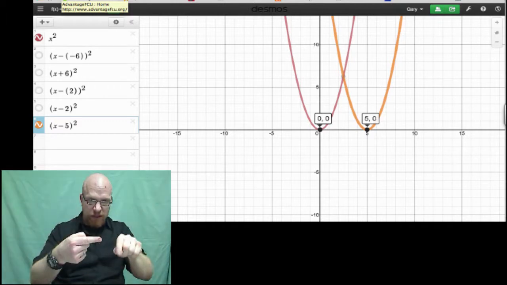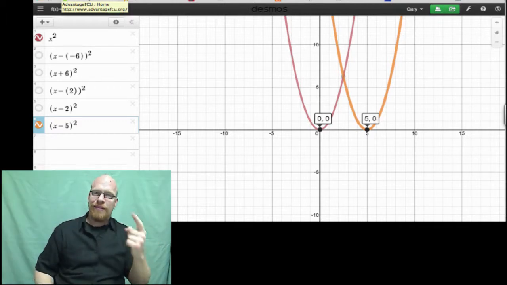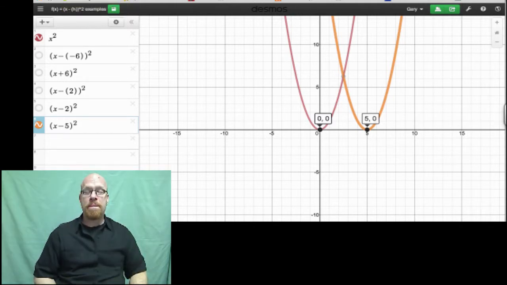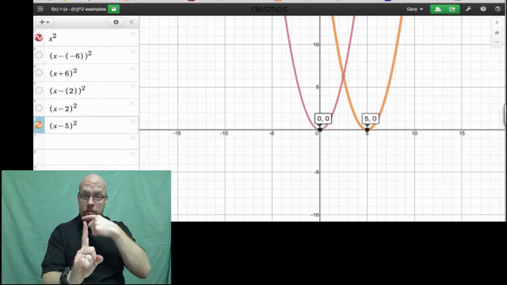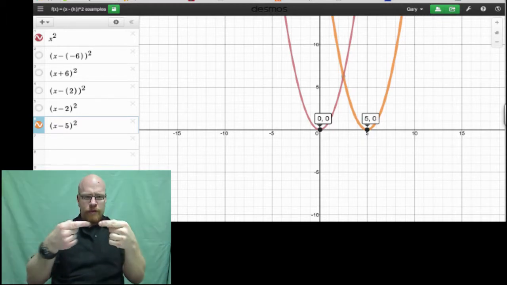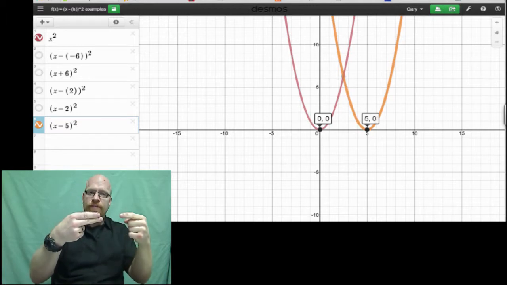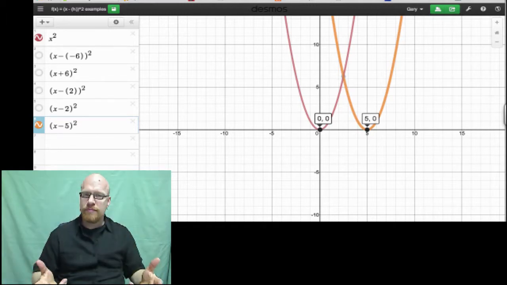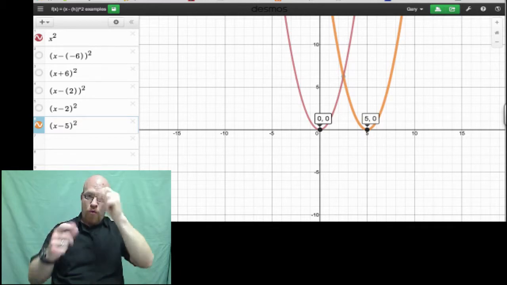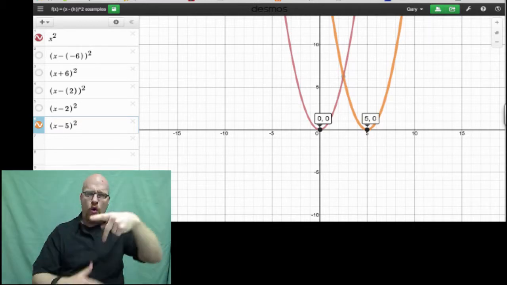If you look at x minus something squared, you're going to move to the right because h is positive, moving h units to the right. If you see x plus something, we're moving to the left because h is actually a negative number, but it turns out to be x plus the number because of the subtraction.